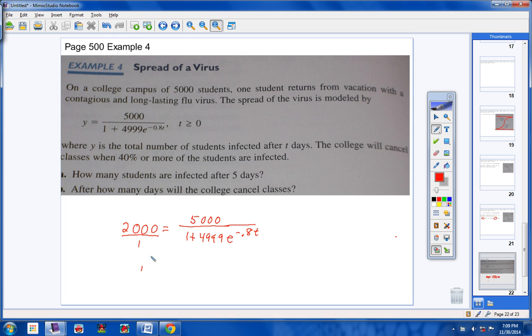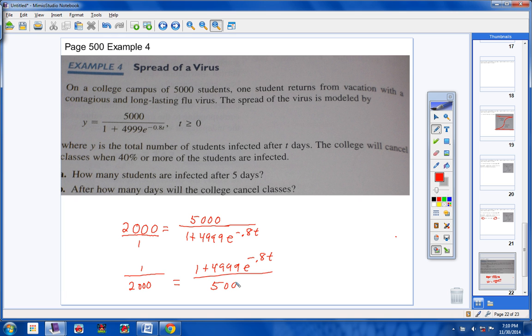So if I flip the left side, I have 1 over 2,000. If I flip this side, I would have 1 plus 4,999 e to the negative 0.8t over 5,000.